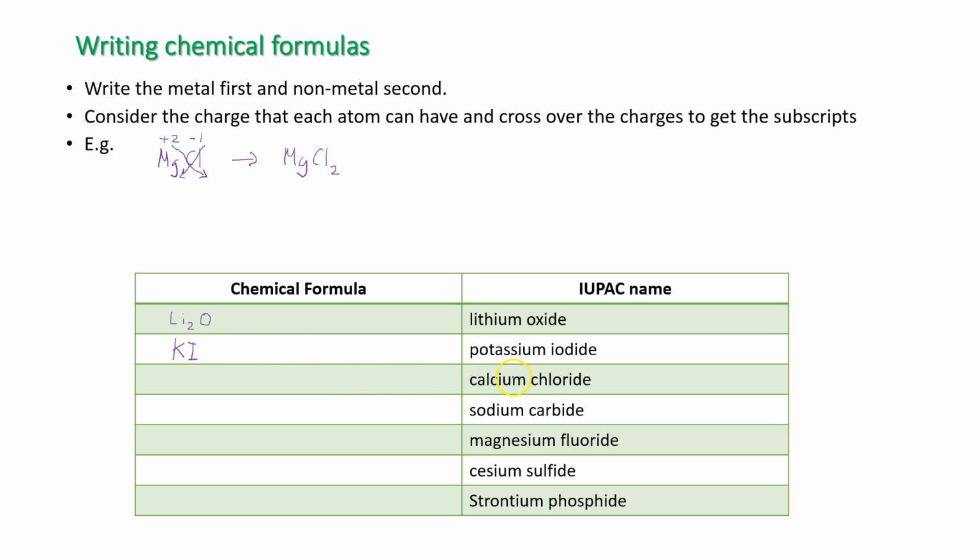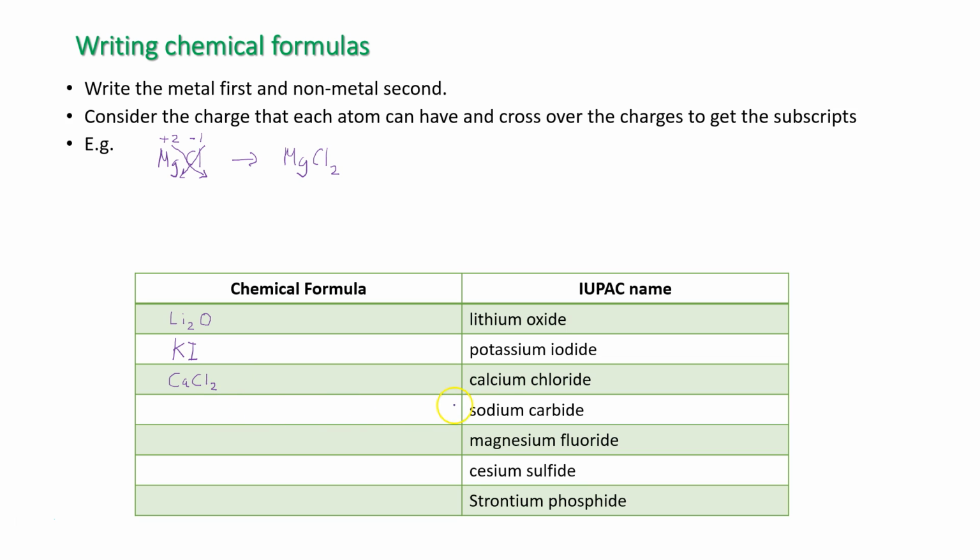So when we cross over, the calcium is going to get a subscript of 1, and the charge from the calcium is going to determine the subscript for chlorine. So we're going to have Ca, the symbol for calcium, and 2 chlorines.